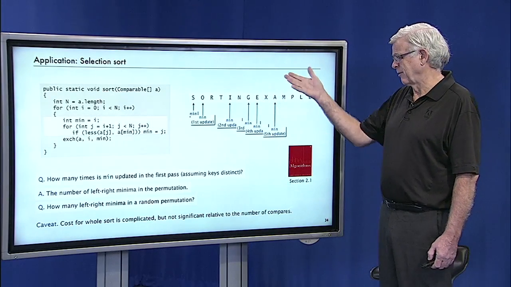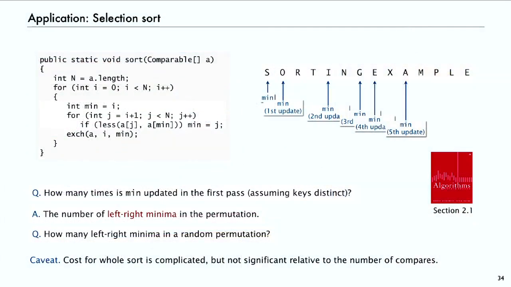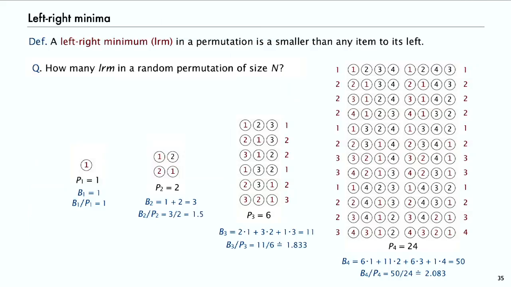From a practical standpoint, this question is maybe less important than some of the others we talk about because this cost is not significant compared to the number of compares, but still it's a fundamental property of permutations that we want to study. A left to right minimum, or LRM, in a permutation is an element that's smaller than any item to its left.